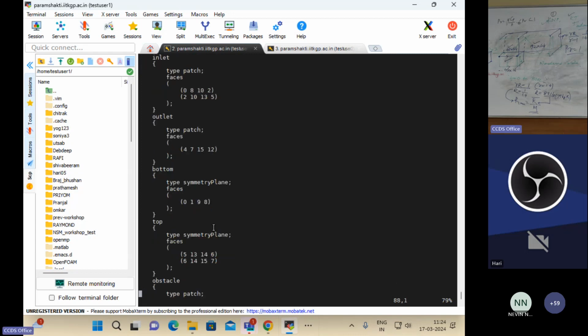These entries are typically, now we have two different faces over here, right? And I've already explained. This is the inlet patch. So basically it comprises two different faces, so we are clubbing them as inlet. This is symmetry, right? This is inlet.